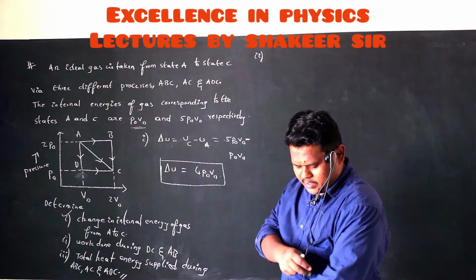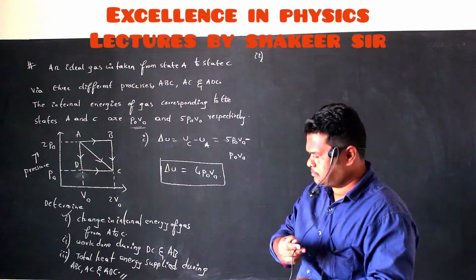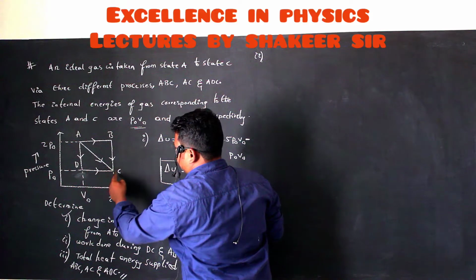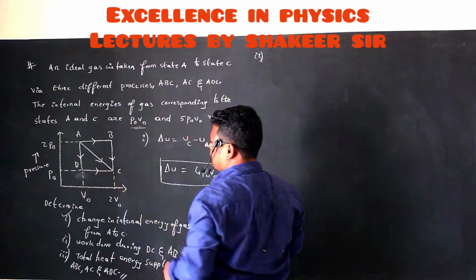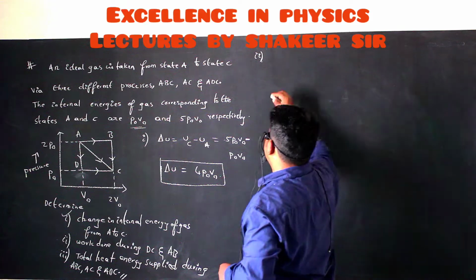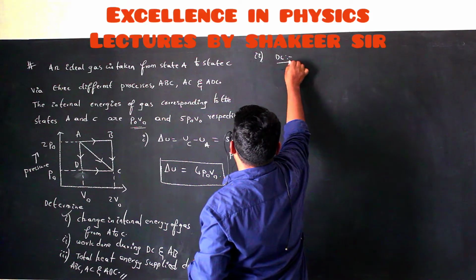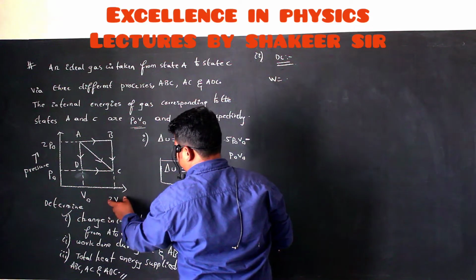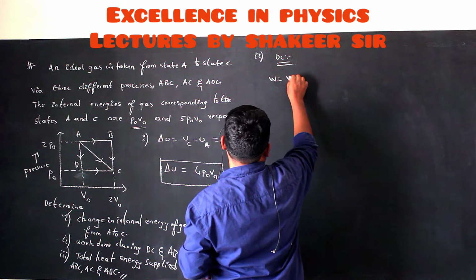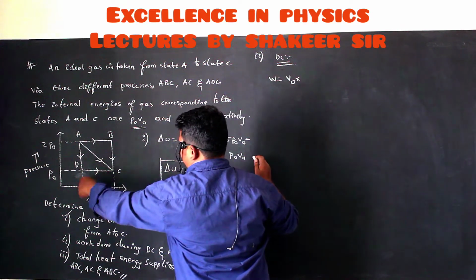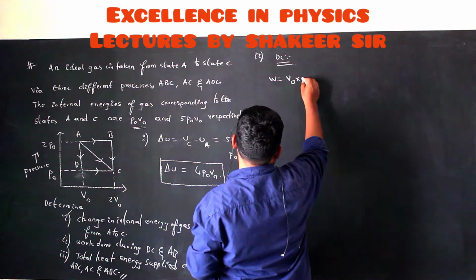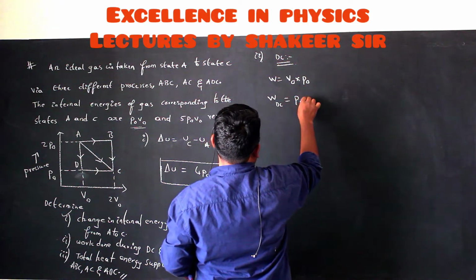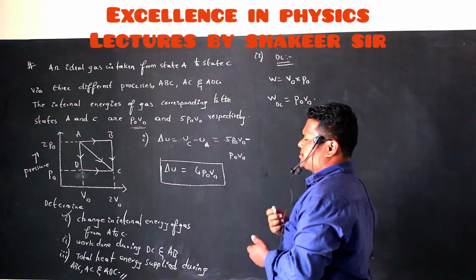For example, the area under the DC graph will give the work done in the process from D to C. So the work done can be calculated from the area under this graph: 2 V0 minus V0 is V0, and the breadth will be P0 minus 0, which is P0. Therefore, the work done from D to C will be P0 into V0. So this should be our answer.